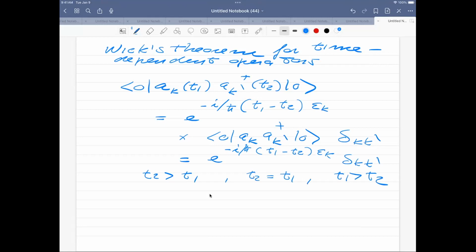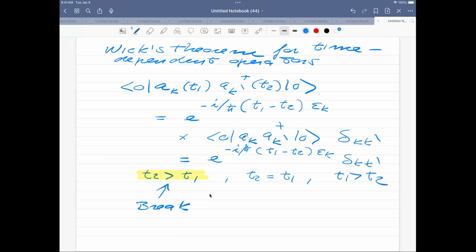Yeah. So if you look at this one, this breaks causality because t2 is larger than t1, so you cannot create a particle at a time t2, which is larger than t1, and then destroy it. That doesn't make sense, right? So this expression which you see here actually breaks causality.